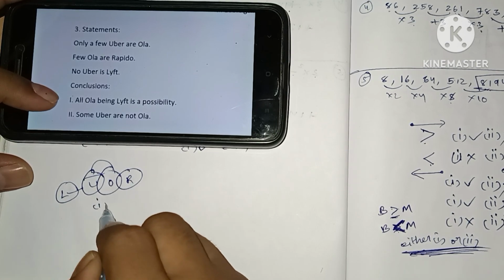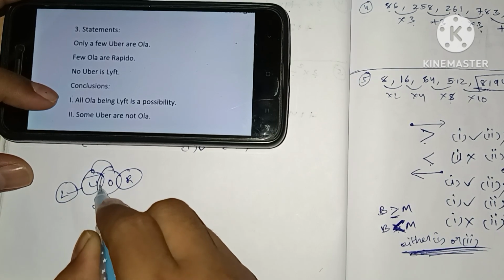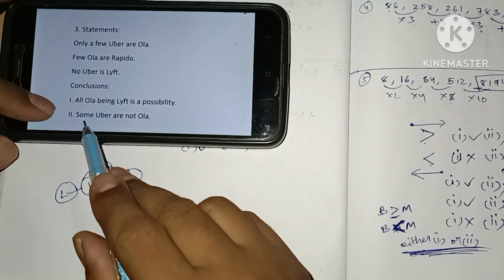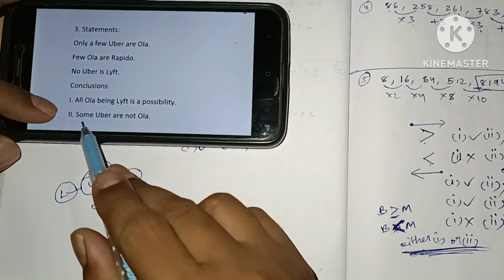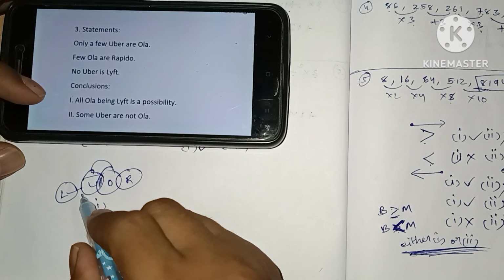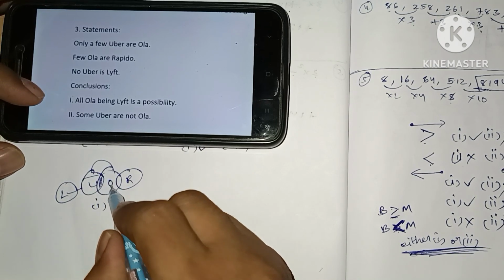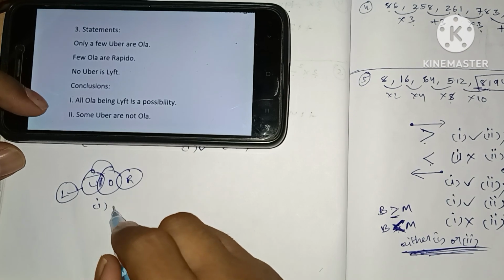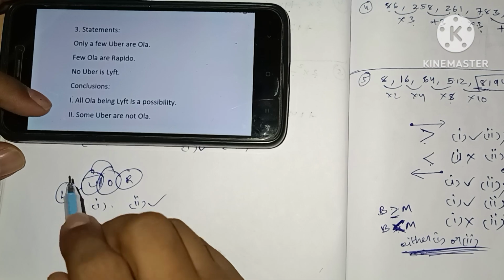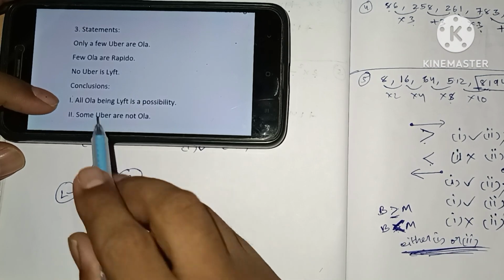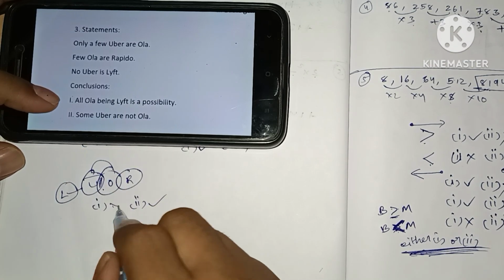No, it is not possible because of the sharing with Uber. Let's see the second one. Some Uber are not Ola. We see not here, so we check whether all Uber can be Ola. All Uber can be placed inside Ola. No, it is not possible. All case fails means some not case will be true. All case fails, so the some not case is true.